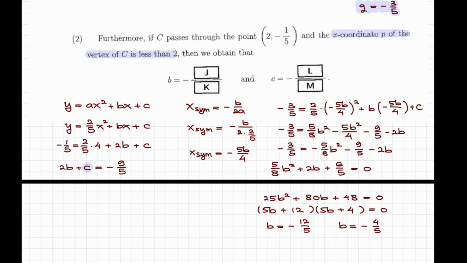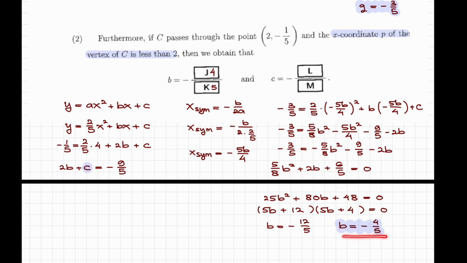Of course, you can check, yeah. I think this is the condition that we can use to decide which b we use. But since we already know the format, to save a little bit of time, my final answer for b is negative 4/5.